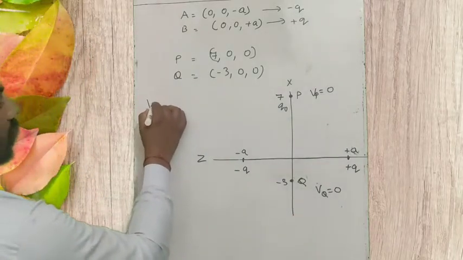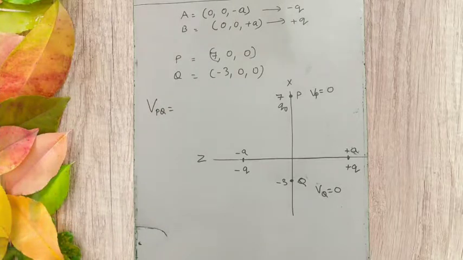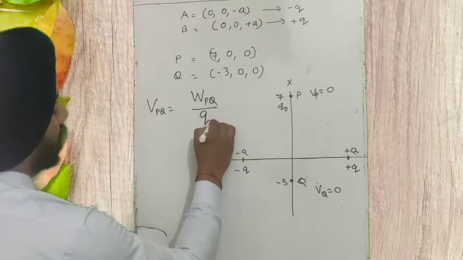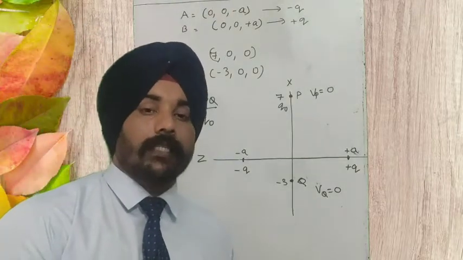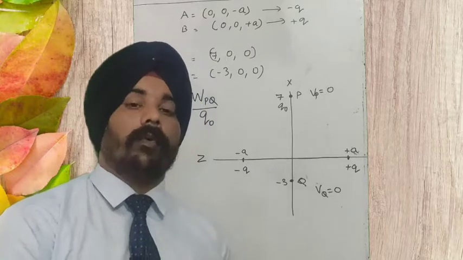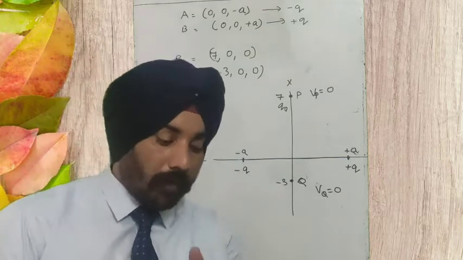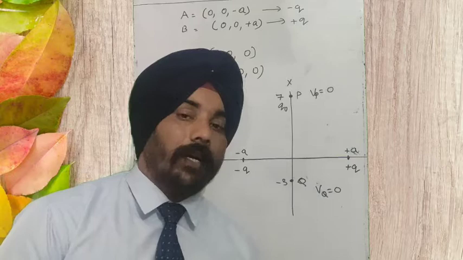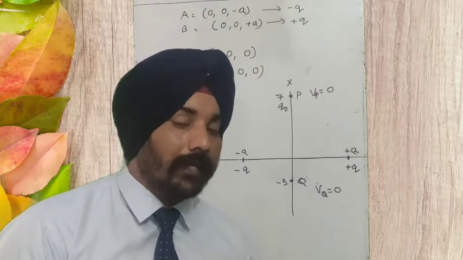So what is the definition of potential? The definition is VPQ is equal to WPQ upon charge. The potential difference is the work done to shift a charge from one point to another in an electric field. When we shift any charge from one point to another, the work we do against the electric field is called the potential difference between those two points.